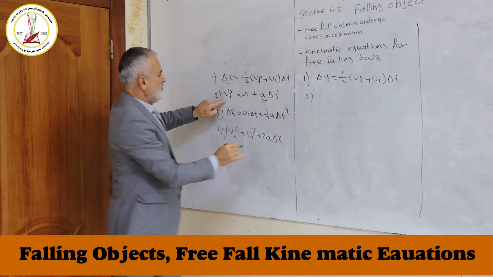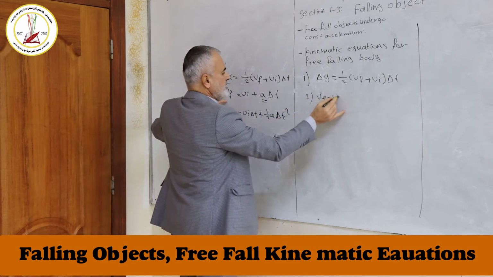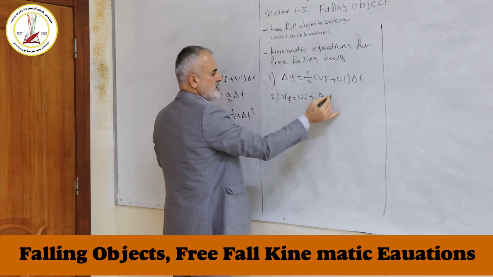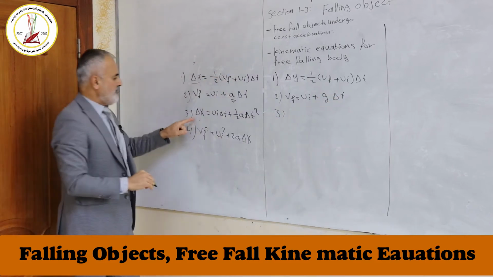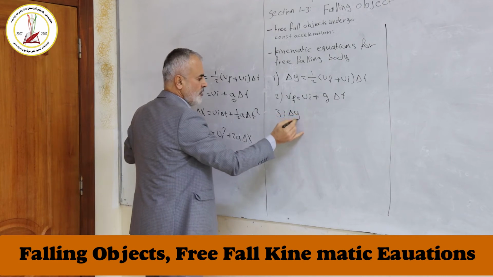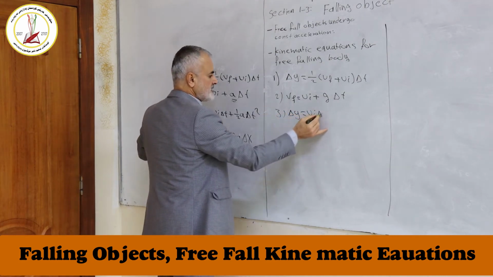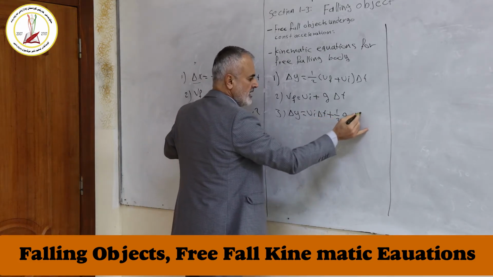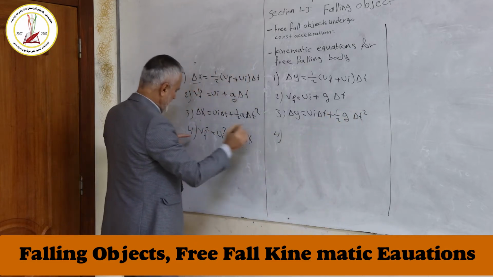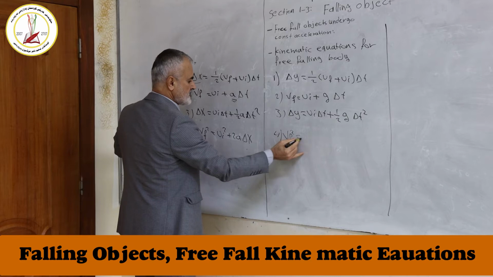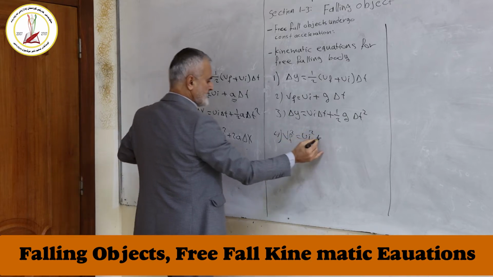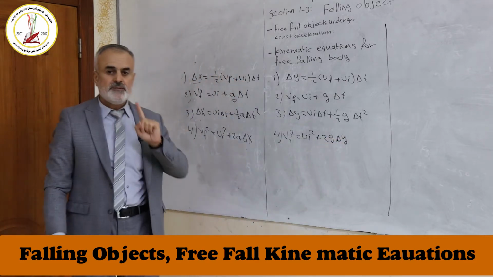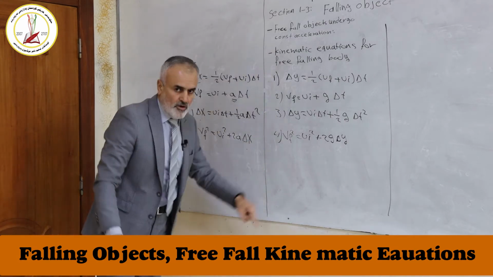Equation number 2, V final equals V initial plus g delta t. Equation number 3, delta y equals V initial delta t plus 1 over 2 g delta t squared. Number 4, student, the final equation, V final squared equals V initial squared plus 2g delta y. So these 4 equations are our kinematic equations.